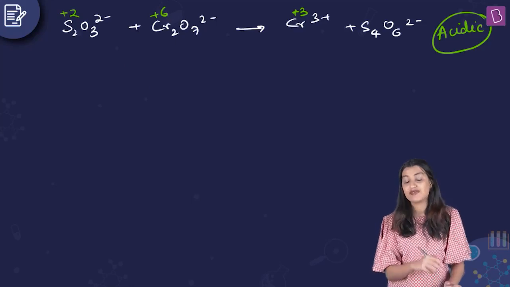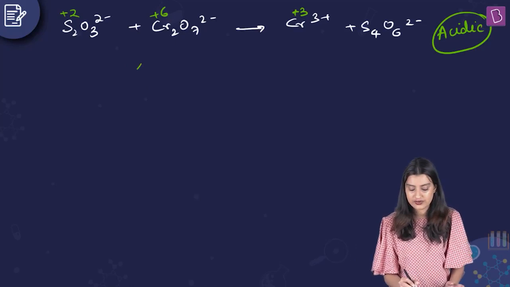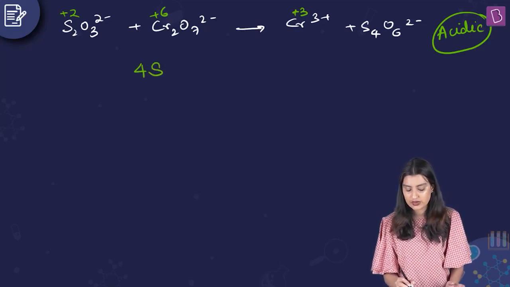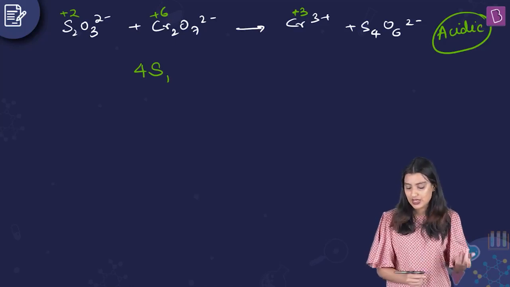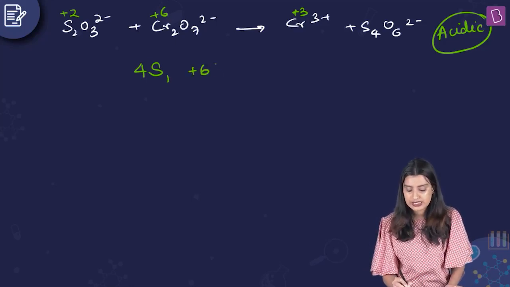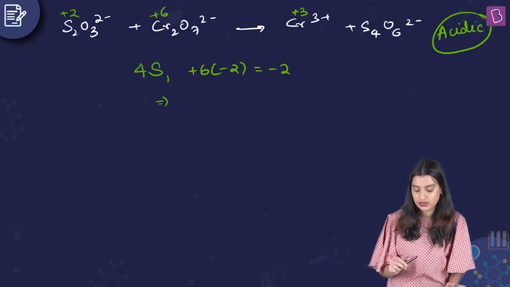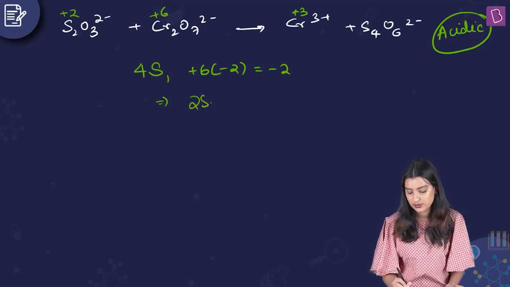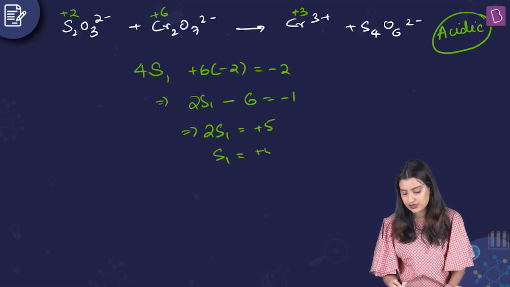Now last you have S4O6 2-, and here let's say the oxidation state of sulfur is S1. So 4S1 plus 6 into -2 is equal to -2. So what do you get? You get 4S1 minus 12 is equal to -2, so 4S1 is equal to +10, and S1 is equal to +10 by 4.